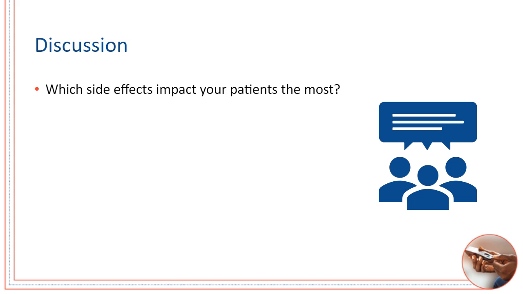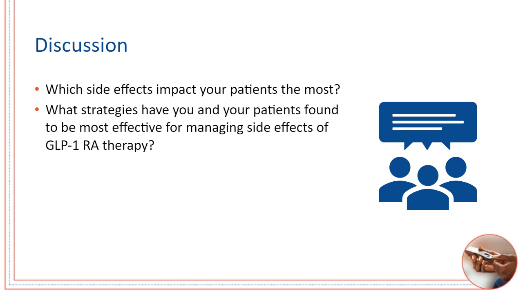And what strategies have you and your patients found to be most effective for managing side effects of GLP-1 receptor agonist therapy? Yeah, we often talk about Thanksgiving. We all know about the Thanksgiving dinner where we eat, but then we overeat and we feel bloated. That's what many people with type 2 diabetes feel like. And so when you have this return of satiety, we want to say, eat till you feel good.